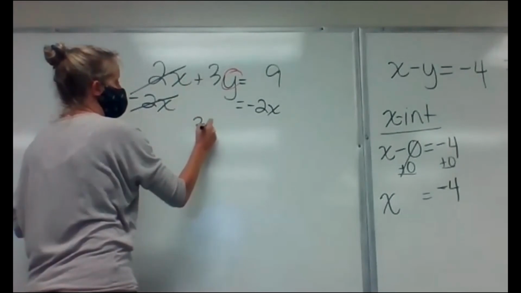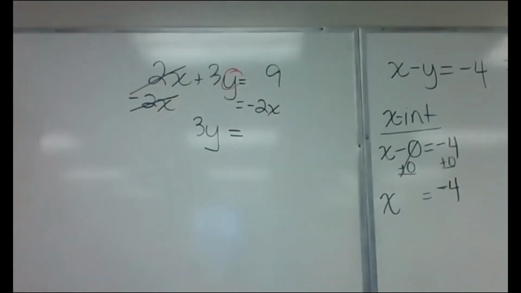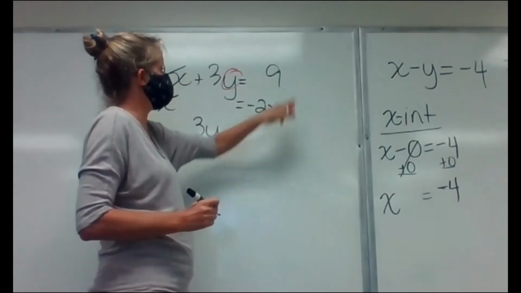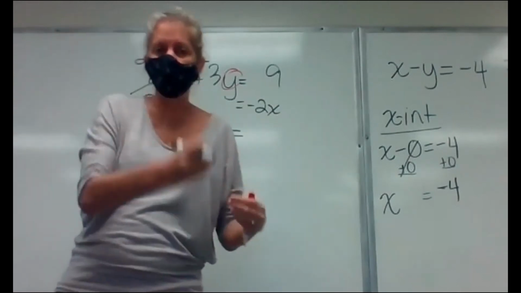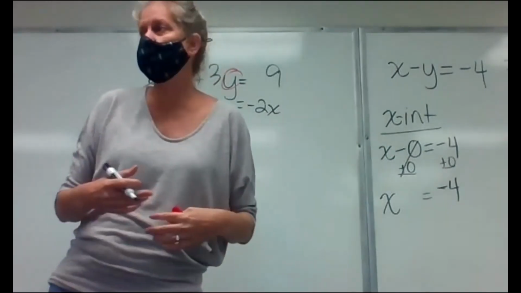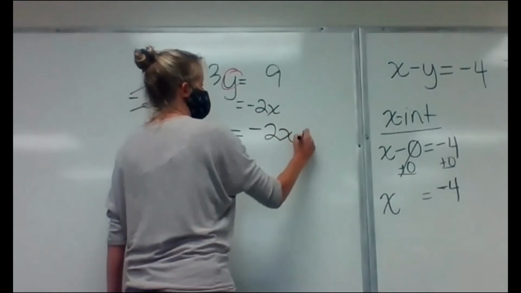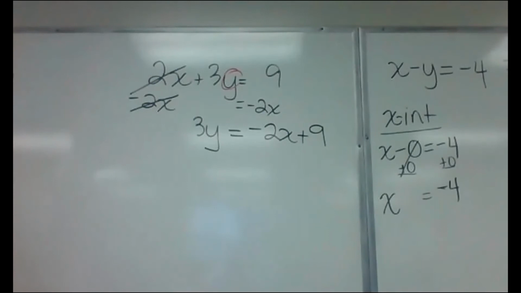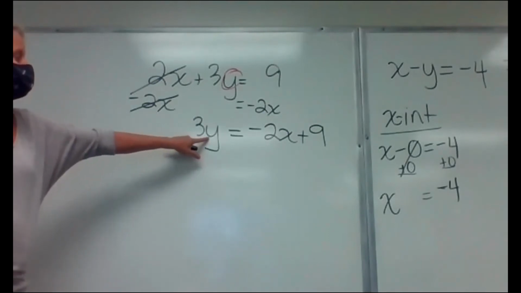So now I'll bring down my plus 3y equals. Drop down the -2x and the plus 9, right? I can't put those together because one's an x and one's not. So they're not like terms. So you're just bringing them down separately. -2x plus 9. And then I'm going to divide everybody by 3, right?